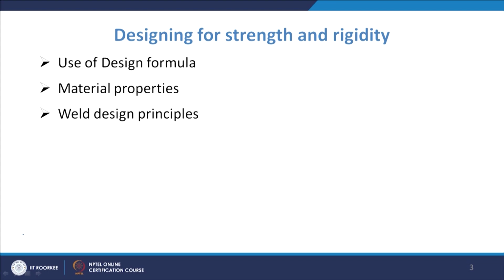In any weld you require strength as well as rigidity, and we must have the welds in such a way that they will not fail, break or yield when subjected to reasonable loads or reasonable overloads.